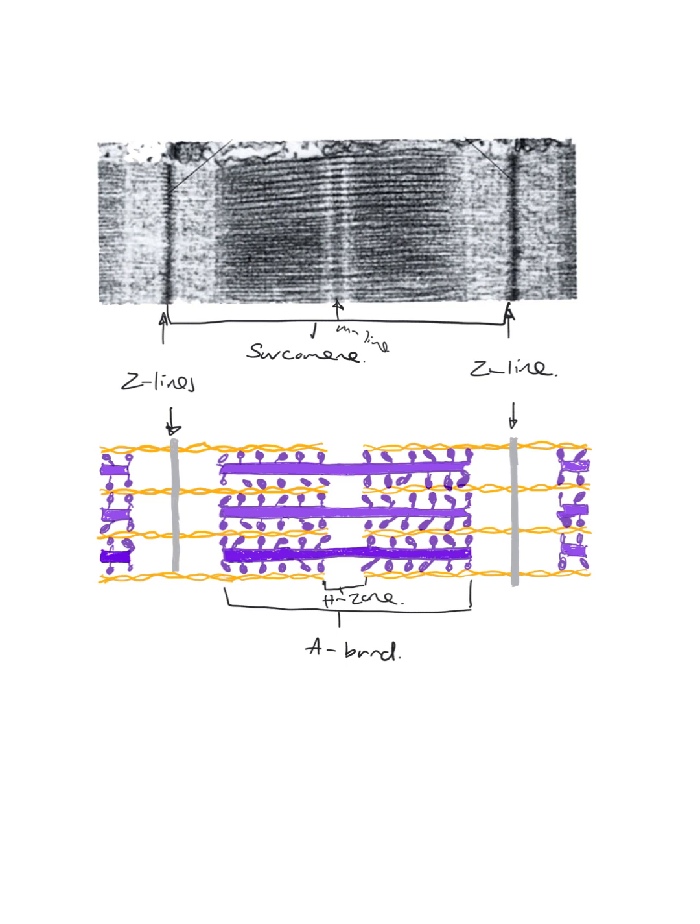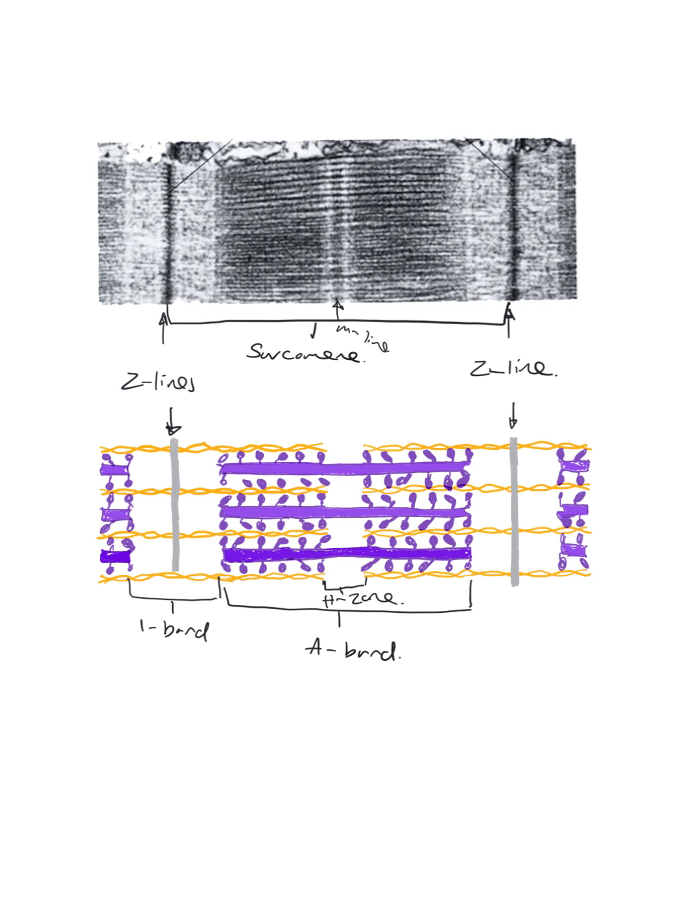Now we need to look at the I band. So we've just looked at where we have only myosin. Now we're going to look at where we have only actin, and you can see in this space you have only your actin thin filament, and this is your I band.